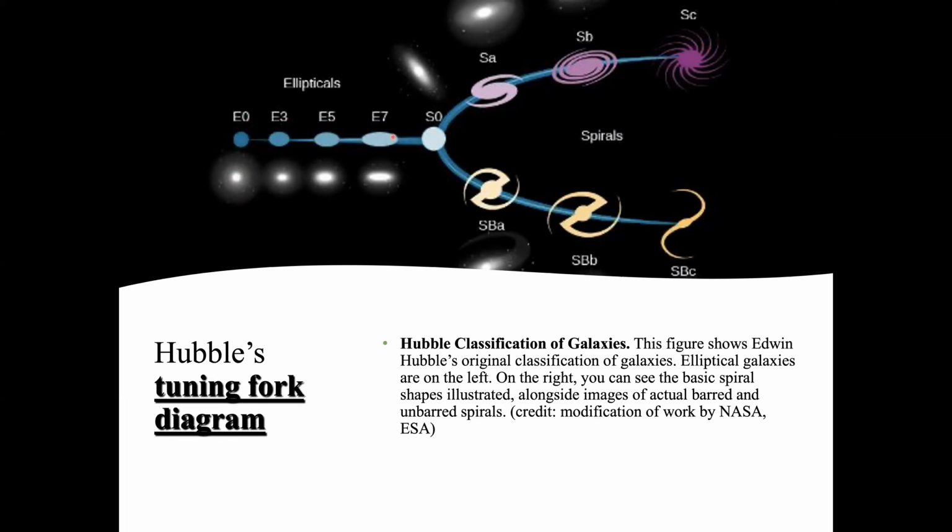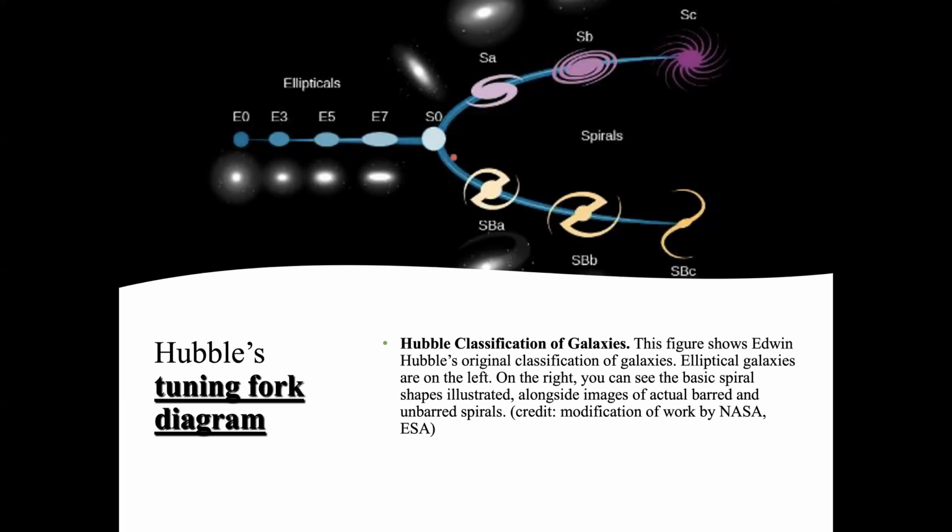You can see that E7 is more elliptical and E0 is a round shape one, I mean, ellipticity is less. And then S0 galaxies are somewhat in between ellipticals and spirals, right? In fact, there is one postgraduate student working on this in our department now with me, looking at the formation of these S0 galaxies.